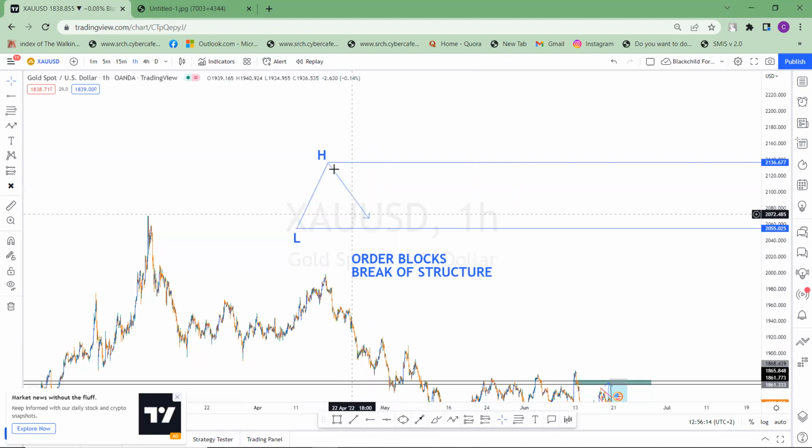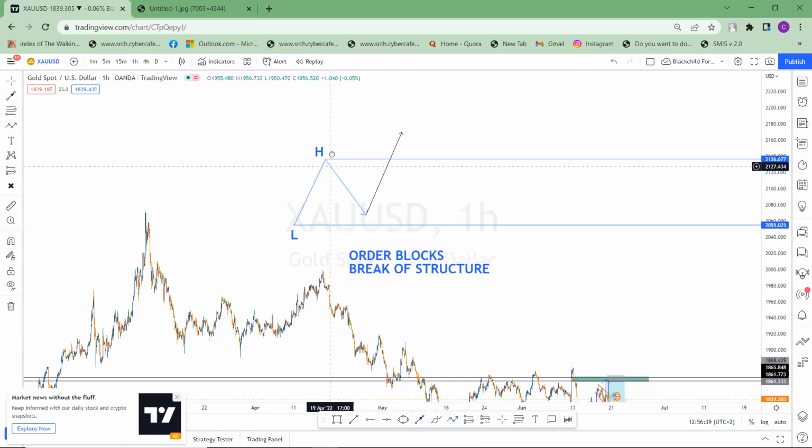So in this case, whenever the market comes and breaks the structure, it was going to break this zone.